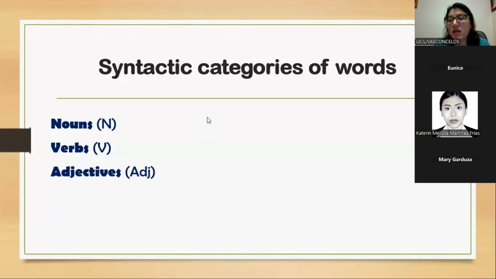We have adjectives. Adjectives help us to describe someone or something or any situation. We can say heavy, we can say light, we can say tall, short, long, and so on. And the last one, they are the adverbs. Do you remember what is an adverb?